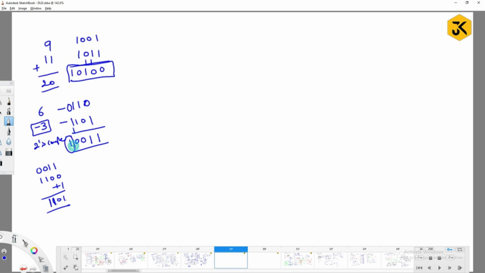When you get a carry of 1, this carry will be discarded, so your result is going to be plus 3. Guys, you can observe the formulas.